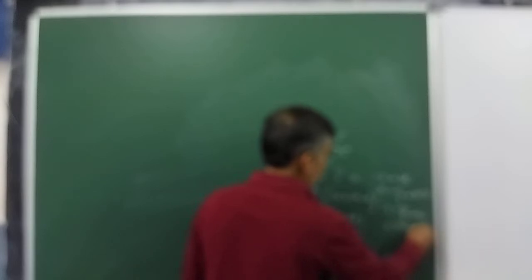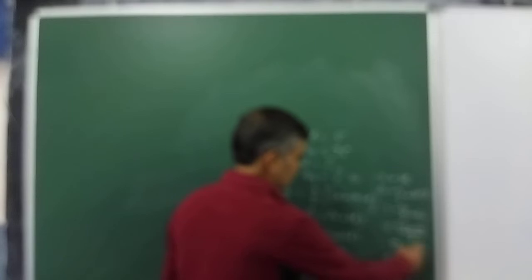Minus 35 plus 120 whole upon 3. But 120 is of plus sign, so this will not be minus, this is plus 85 upon 3. Put the correct sign with the answer.